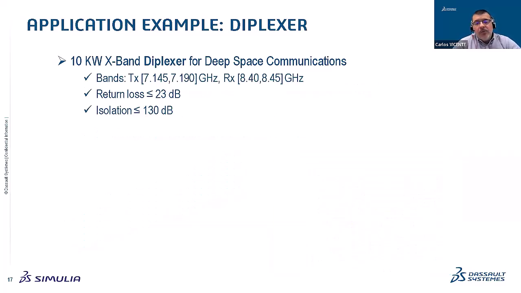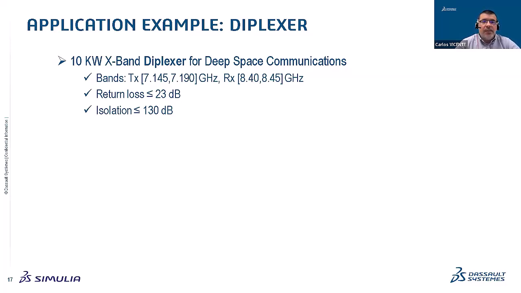And now I want to show you an application example of this inductive filter tool. In this case, we want to design a 10 kilowatt high power X-band diplexer for deep space communications. Here we have the bands for deep space communications. The return loss is 23 dB and isolation 130 dB.